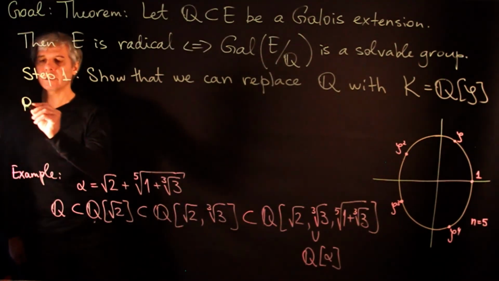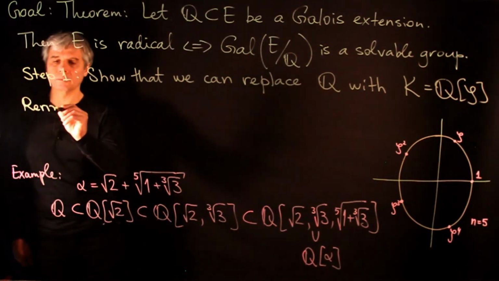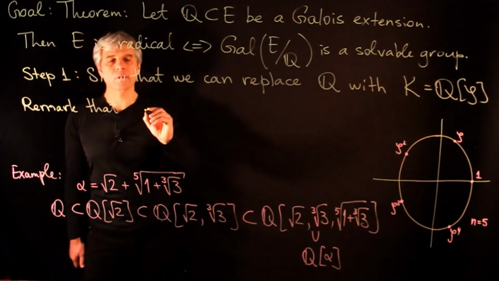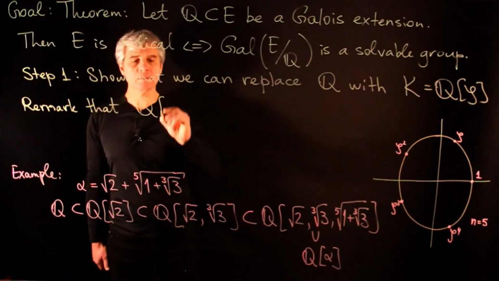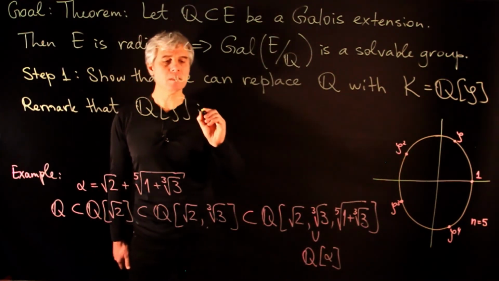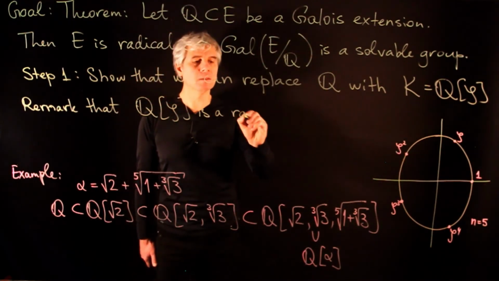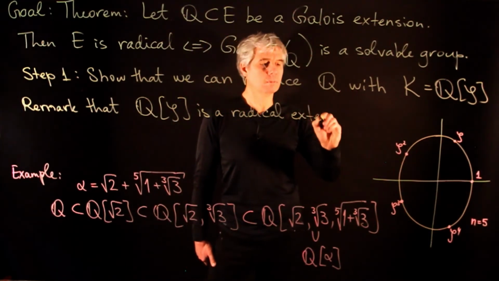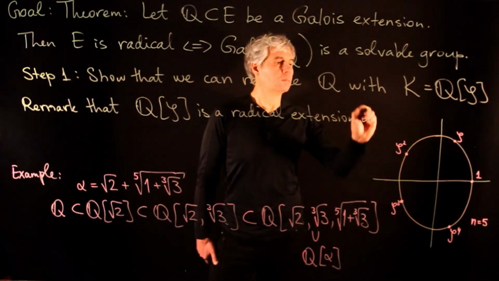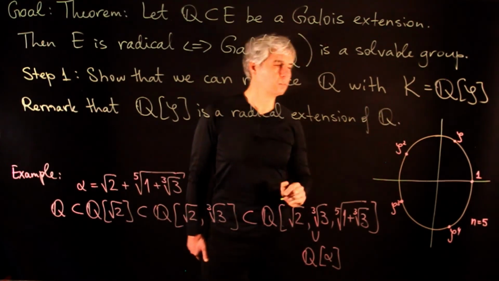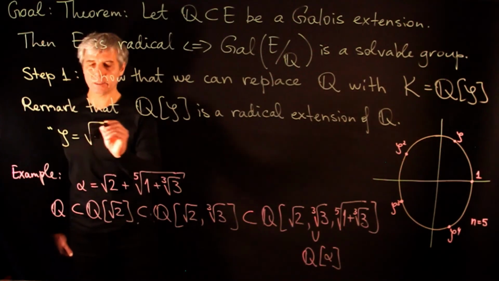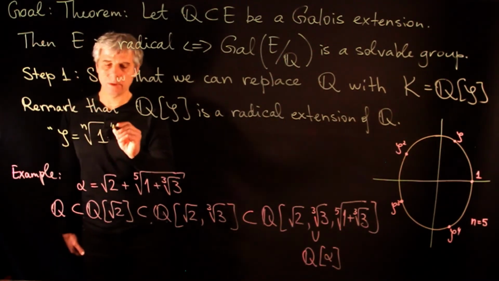First, we remark that Q of zeta is a radical extension of Q. So indeed, zeta informally is the nth root of 1.